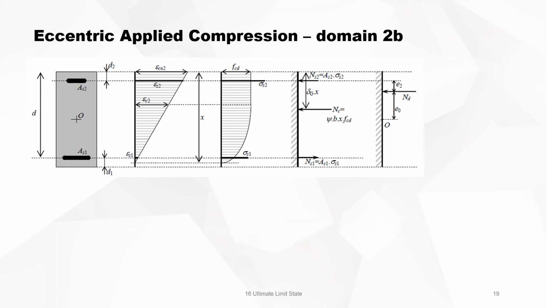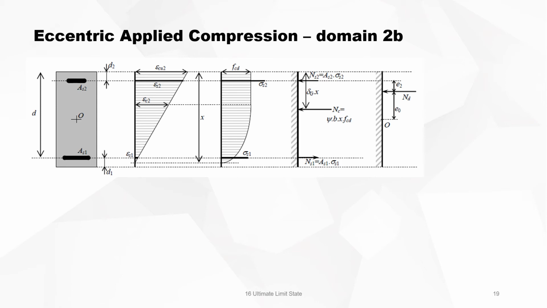This is also fine, but this is not the opposite, because all those forces here are reactions. This is the applied force, the action. These are reactions. So this arrow should go the other way around. It cannot happen that sigma S1 is in tension in domain 2B. So this arrow should be pointed in the opposite direction.